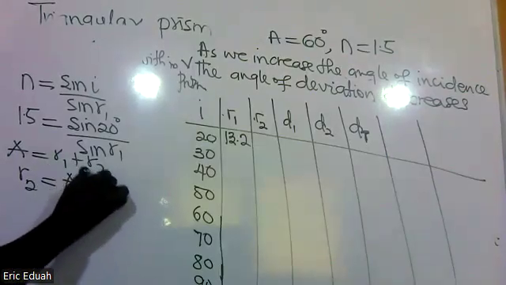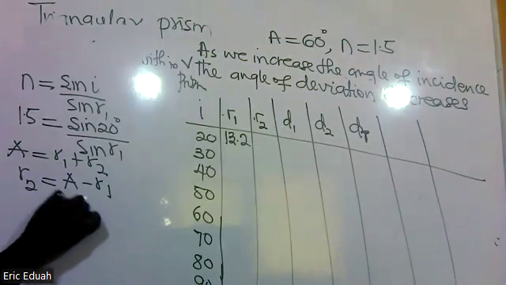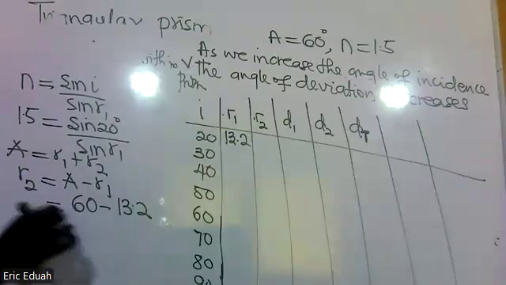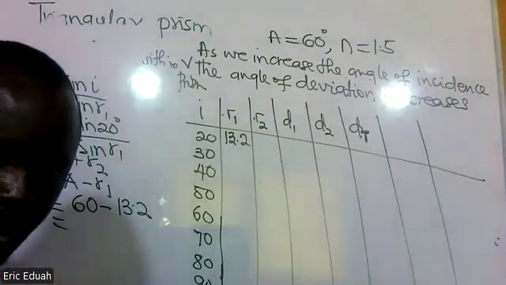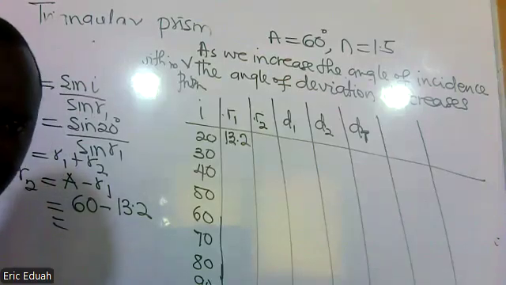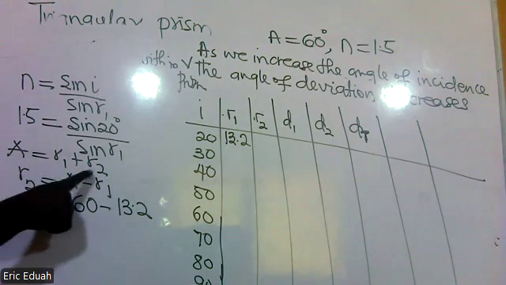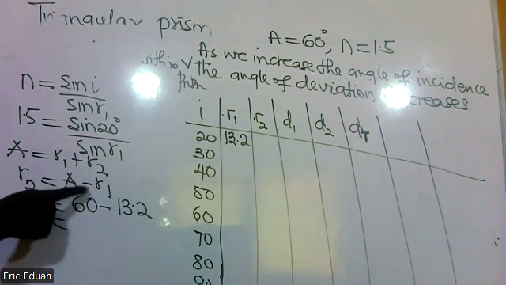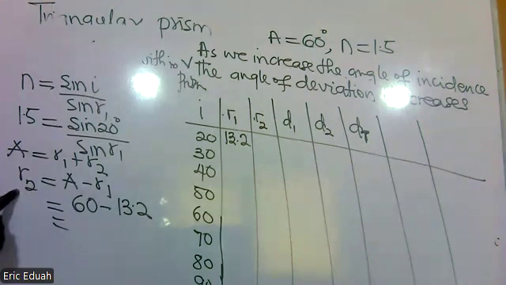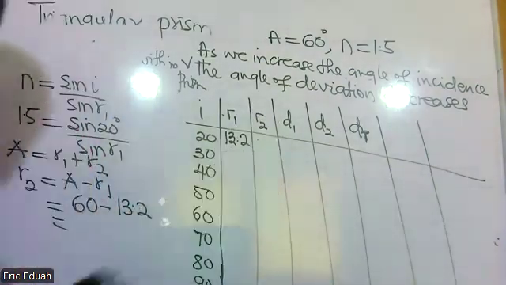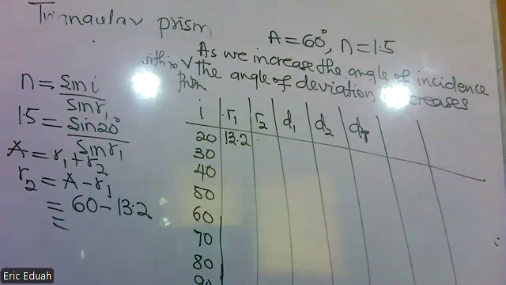A minus R1. So, 60 minus 13.2. She's saying that once we have R1, we subtract R1 from A to get R2. So please give me this in 1 dp. 60 minus 13.2 is 46.8.